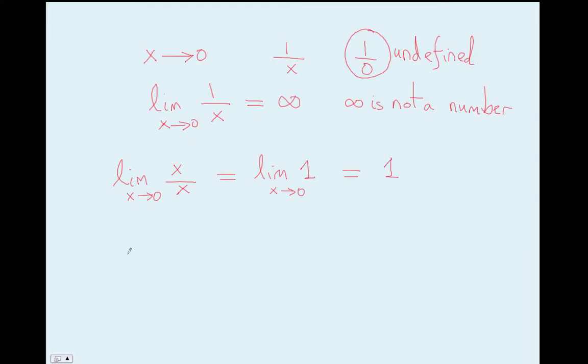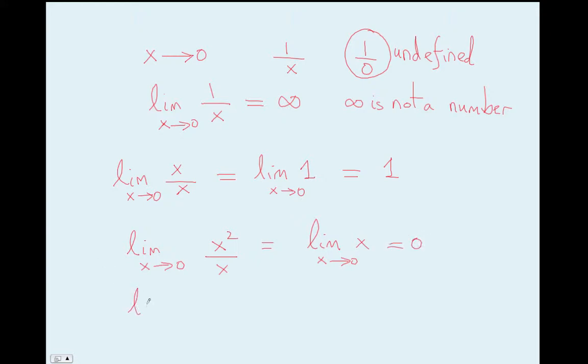Well, suppose I had the limit as x tends to 0 of x squared over x. In that case, that's trivial because that's just the limit as x goes to 0 of x, and that's 0.